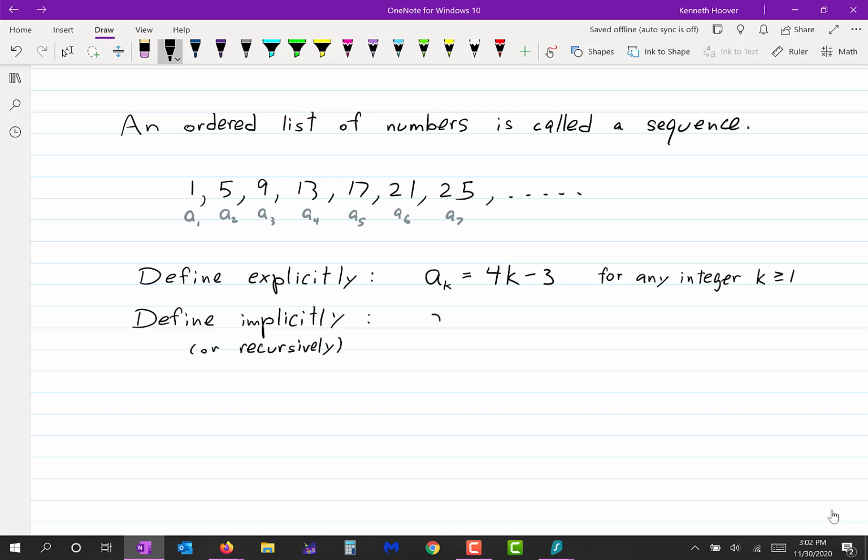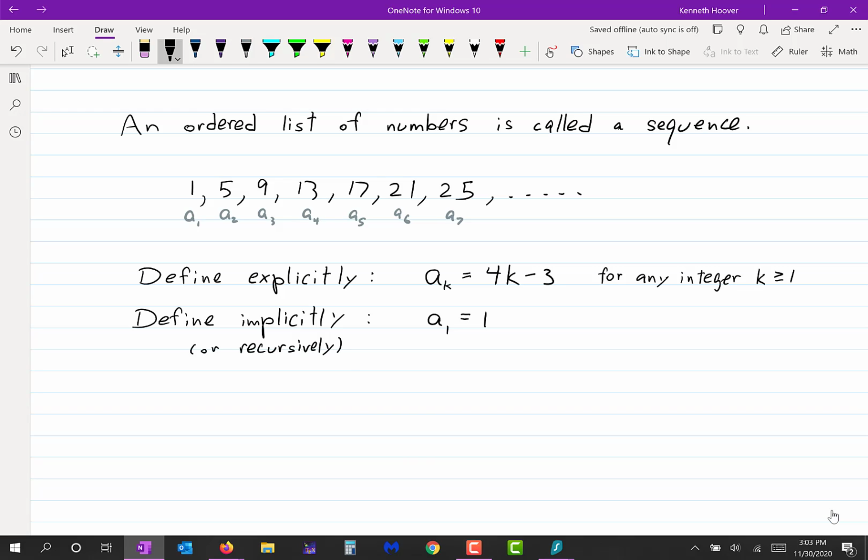You specifically say what the first term is, and sometimes people need to say the first few terms, but in this case, I'll just say that the first term is a 1. And then, instead of giving a formula for any term, you give a formula for how to get the next term, no matter where you are.